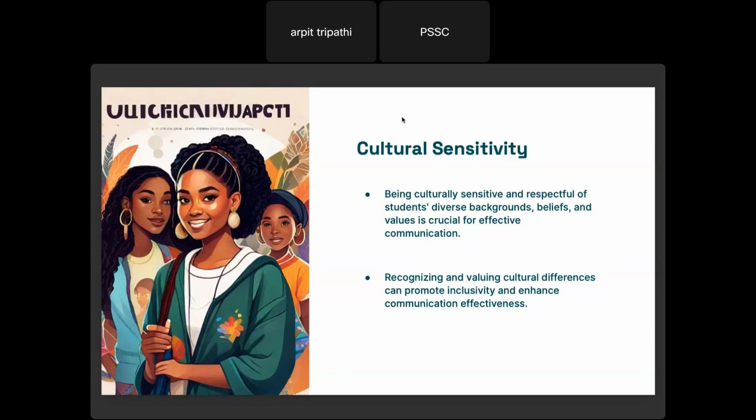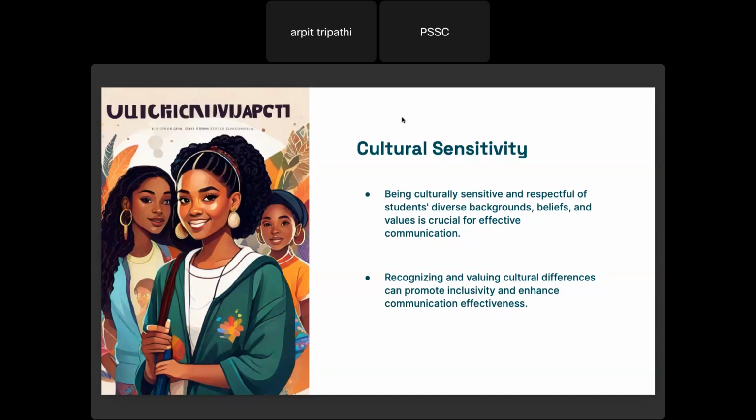Also, cultural sensitivity is essential for creating inclusive, respectful, and equitable learning environments where students can feel valued, supported, and empowered to achieve their full potential.